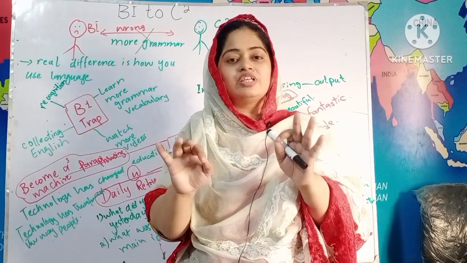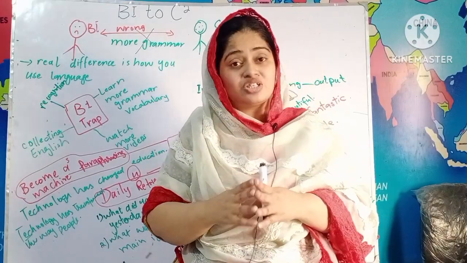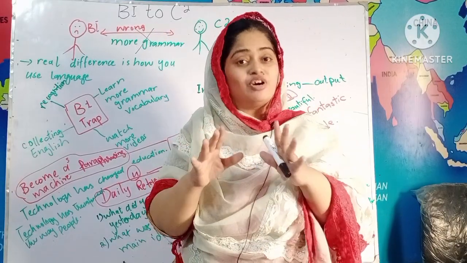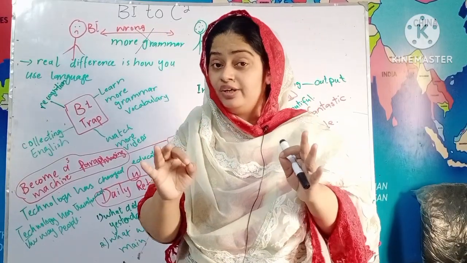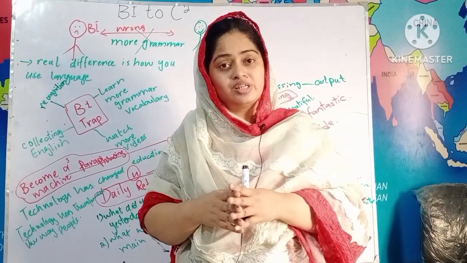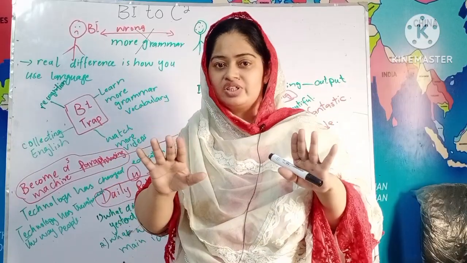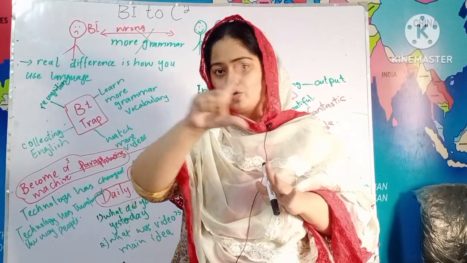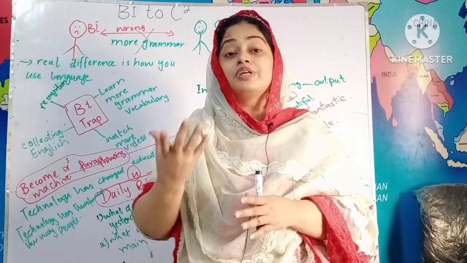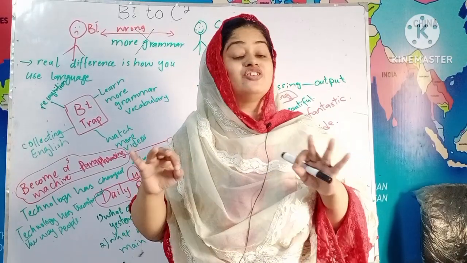Because the main difference between B1 and C2 English learners is that B1 English learners only know enough English knowledge to communicate. But C2 English learners are well versed in how to explain the topic, how to persuade, how to convince the listener in an interesting way.